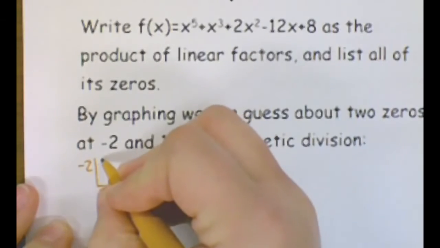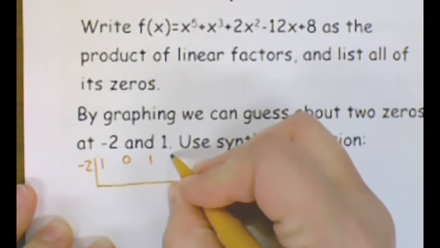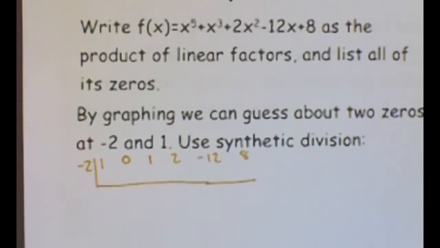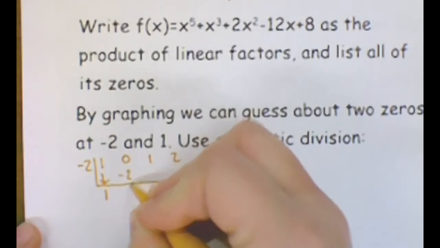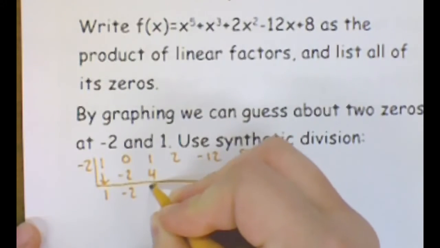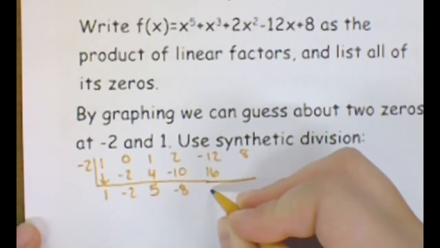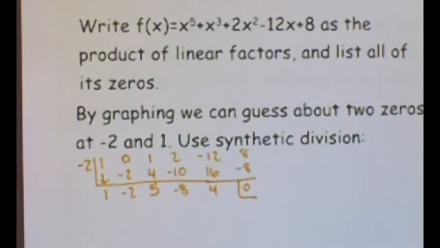Synthetically divide into my original. Don't forget the 0 for the x to the 4th power. I better get a remainder of 0 because I already know it's a factor. All right, I got a remainder of 0.